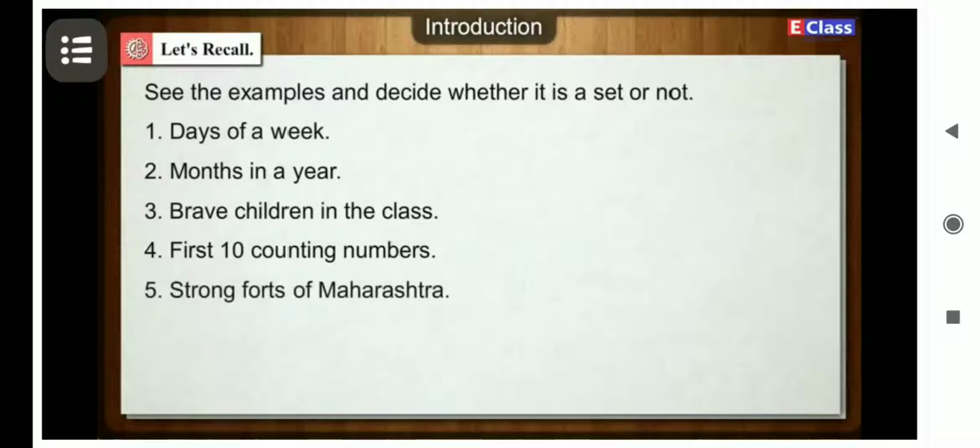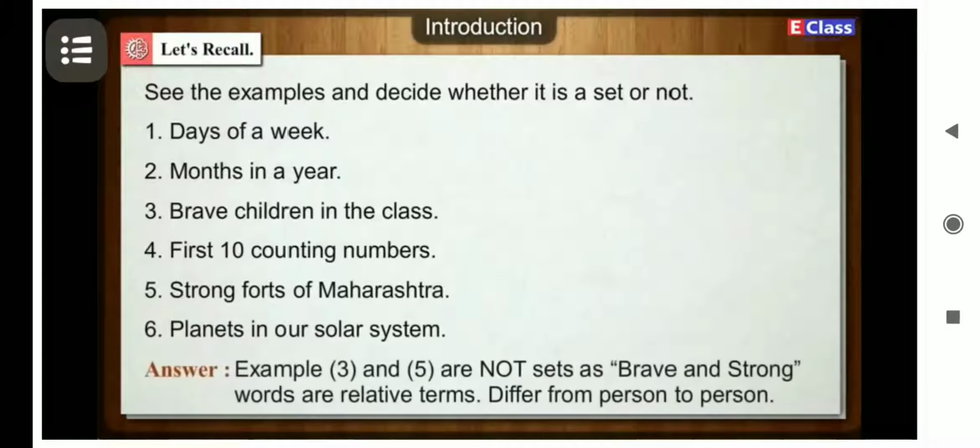Strong forts of Maharashtra. 6. Planets in our solar system. Answer: Examples 3 and 5 are not sets as brave and strong are relative terms and they differ from person to person.